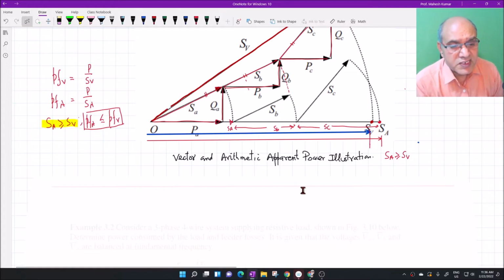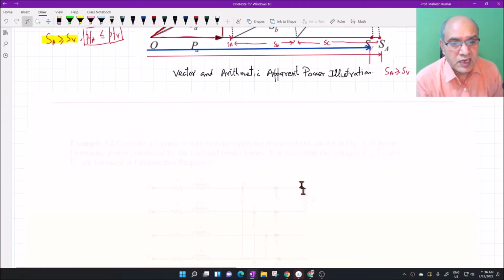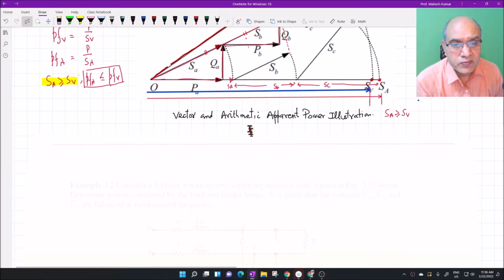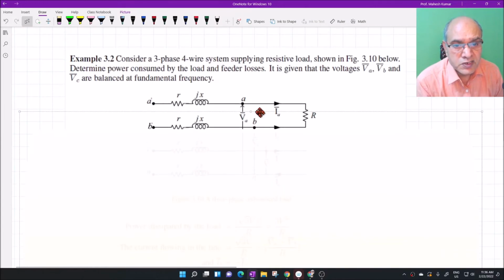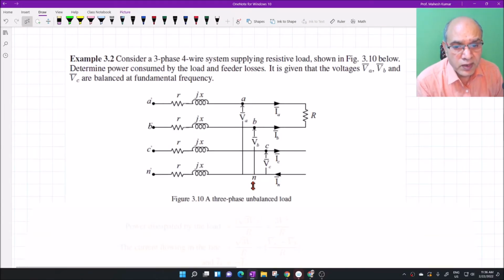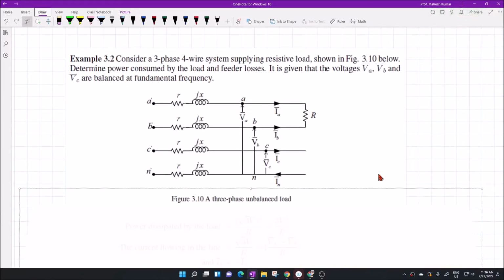Now we will take one example and try to see the significance of these terms and how they are useful in the design of the feeder network or transmission network. This example is given in the NPTEL book that I have given you. This example is about a three-phase unbalanced system.